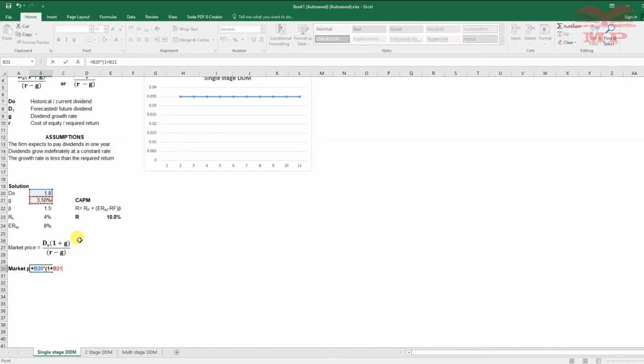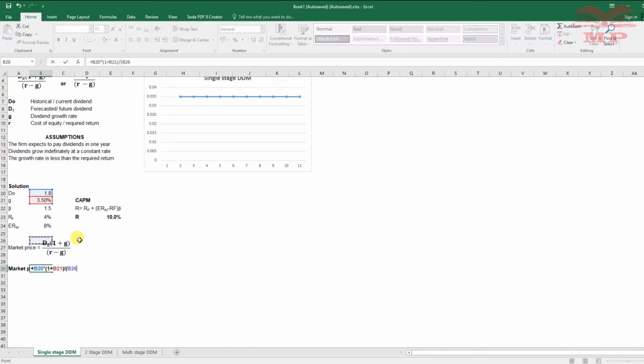Our growth rate is there, 1 plus G, divided by, divided by, so because we're dividing all of that, the entire numerator by this denominator, R.